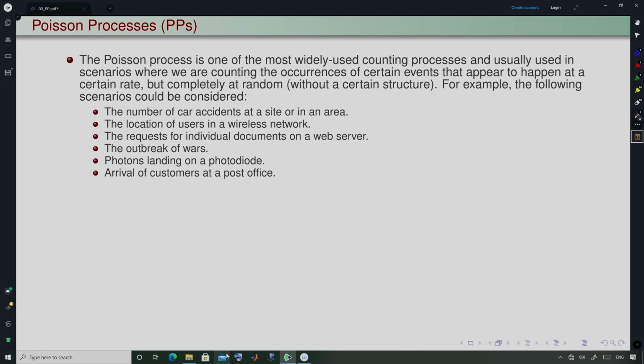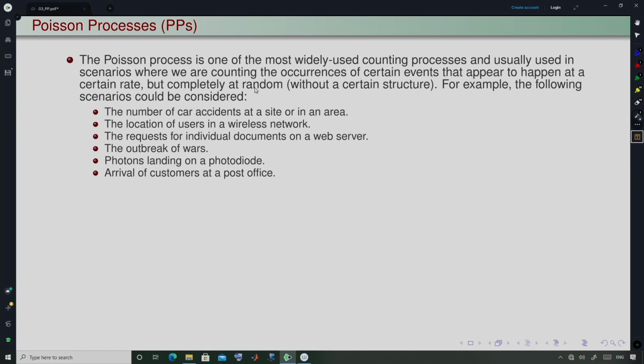This Poisson process is one of the most widely used counting processes and is used wherever you are counting occurrences of certain events that appear to occur at a certain rate, but what is important is that they occur completely at random. If something is happening in a deterministic fashion, that every 1 hour one customer comes, that is not really a Poisson process model.